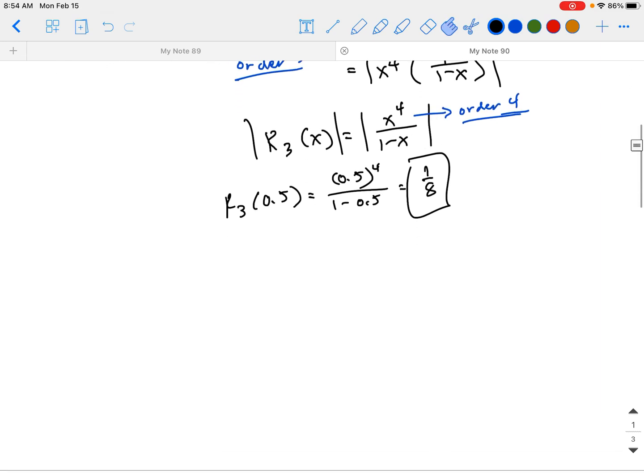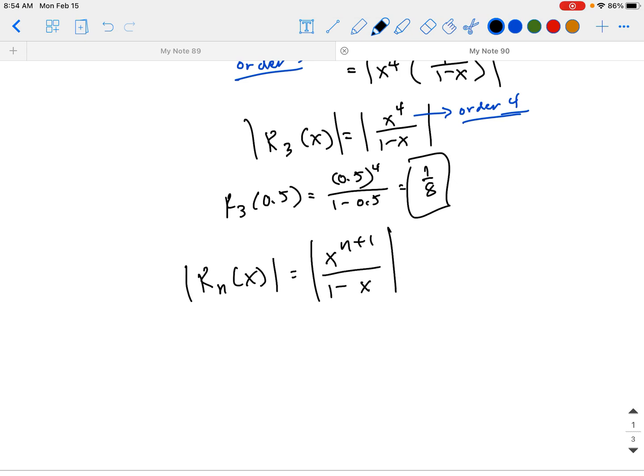And so what I meant to write before then is that for any order of error, that is going to look like x to the n plus 1 over 1 minus x. So whatever order of Taylor series that we use, again, r is just equal to f minus t, our Taylor series.